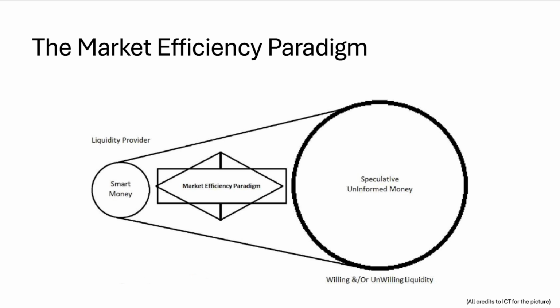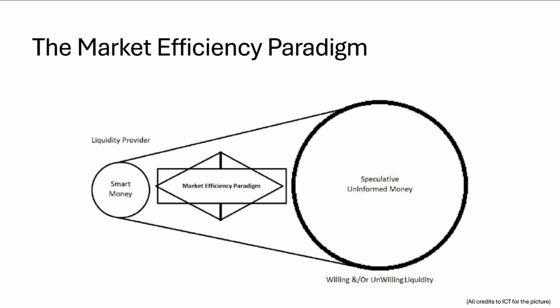And the difference between these two pools is the knowledge of how the market delivers. So the smart money entity understands the signatures that are made through the means of the algorithmic delivery, whereas this speculative uninformed money has no awareness of this algorithm that runs price.